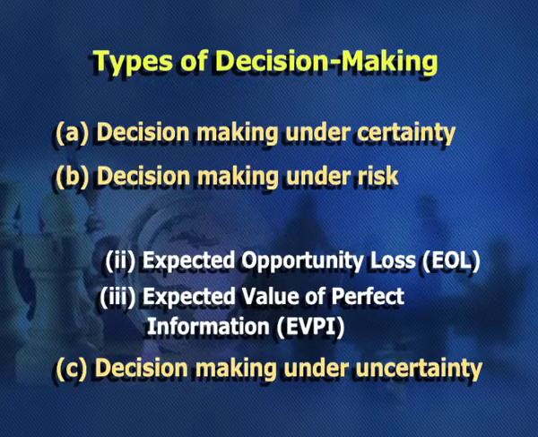Number 1, in this method, expected monetary value, EMV. Expected monetary value for a given course of action is the weighted average payoff, which is the sum of the payoffs for each course of action multiplied by the probabilities associated with each state of nature.